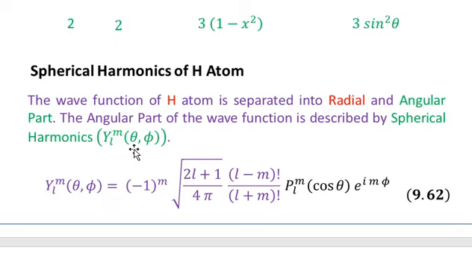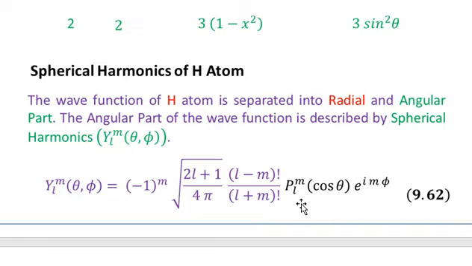The full form of the angular part of the wave function used in the hydrogen atom is given in equation number 62. So YLM as a function of theta and phi is equal to -1 raised to the power m, then a square root containing 2L plus 1 in the numerator and 4 pi in the denominator, and then the factorial of L minus m divided by the factorial of L plus m.